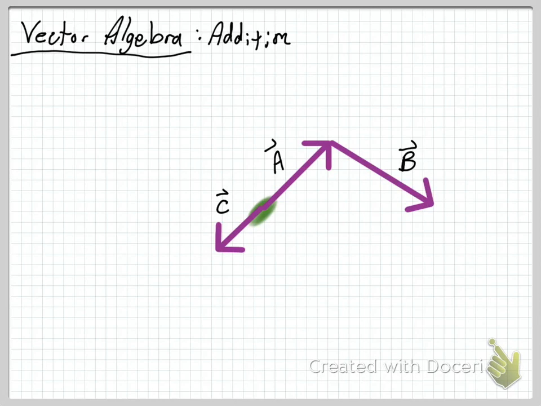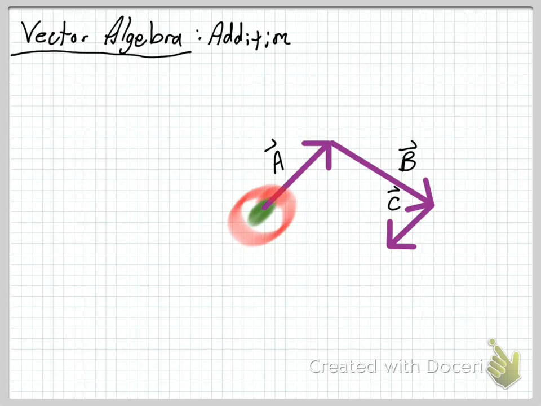Let's do the same thing for vector C. Let's move that right there. So now what we have is our vector sum starting at the location there and ending at the tip of vector C. So the resultant vector is going to start where our vector A began and end where our vector C ends.